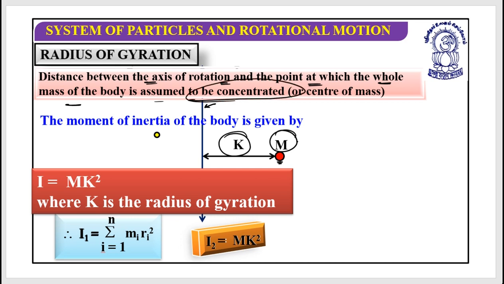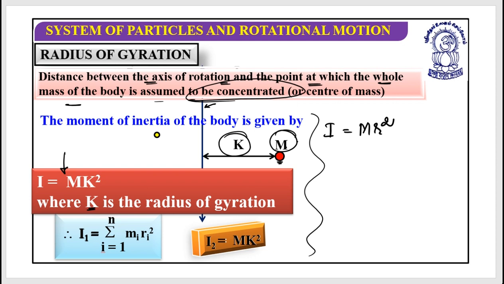For this body, I can define the moment of inertia as I equals m into k square, where k is the radius of gyration. Now suppose the moment of inertia of the system is I equals mr square, and I want the radius of gyration.